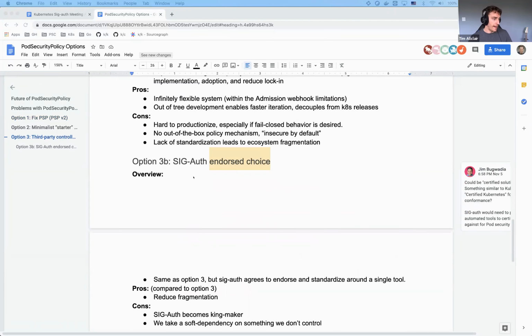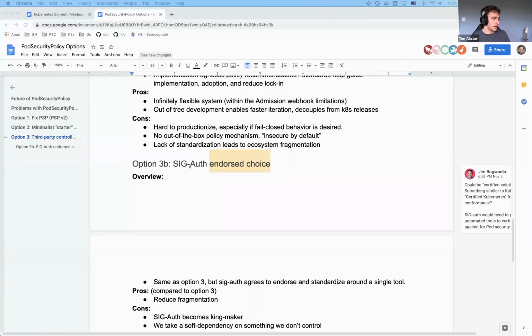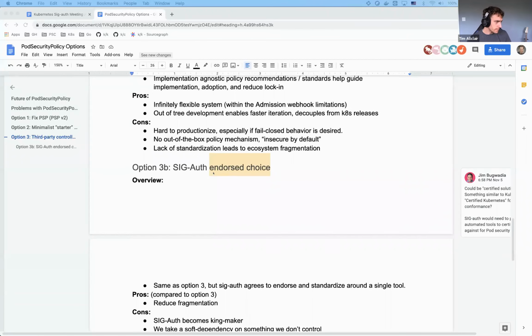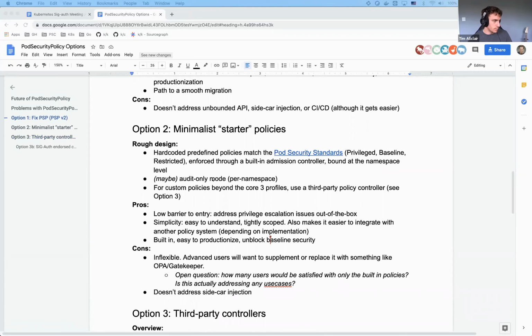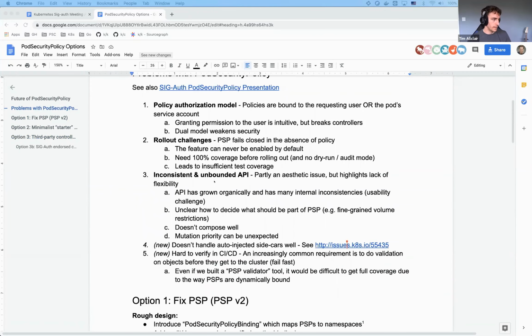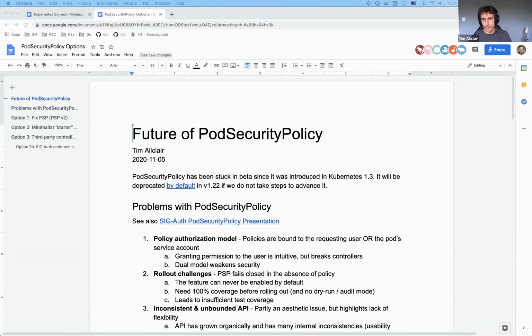And then there's this sort of half option, which is to go with the third-party controllers, but pick a winner as sig-auth and say this is the option that we think should be the default for most customers needing a policy solution. So I can go through each of these in more detail, but maybe I'll open it up to everyone right now.